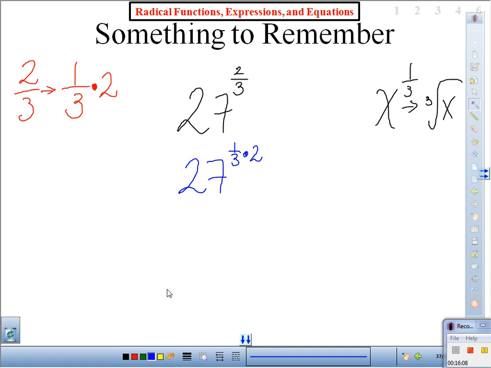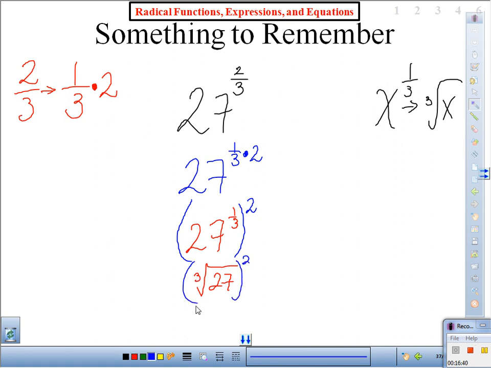All right. So now that I have 27 to the 1/3, what's another way of writing a multiplication other than a dot? Parentheses, to the 2nd power. What is 27 to the 1/3? That's the cube root of 27, to the what? 2nd power.